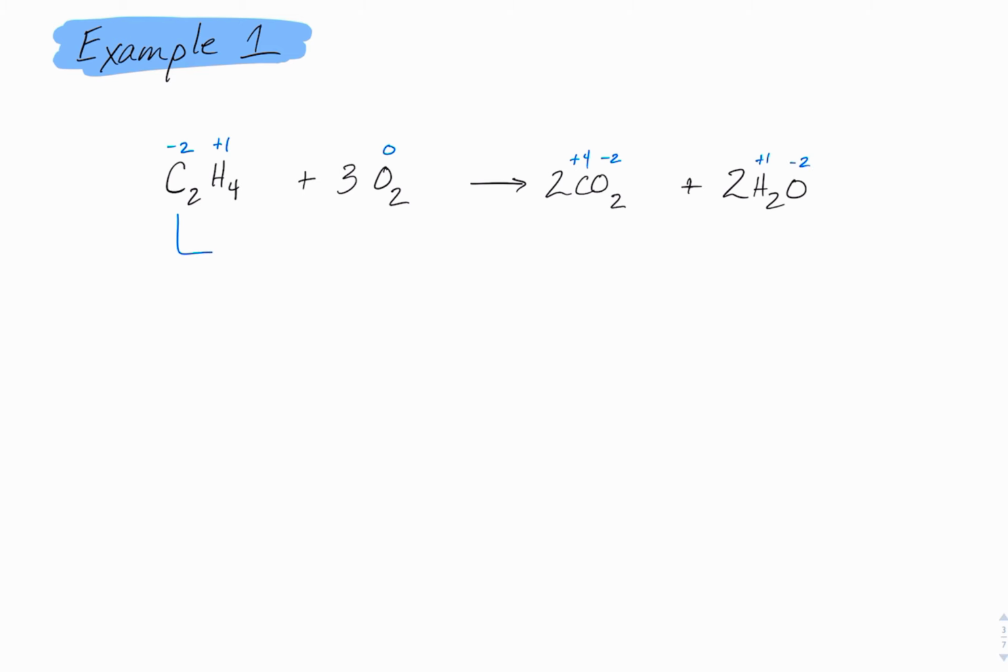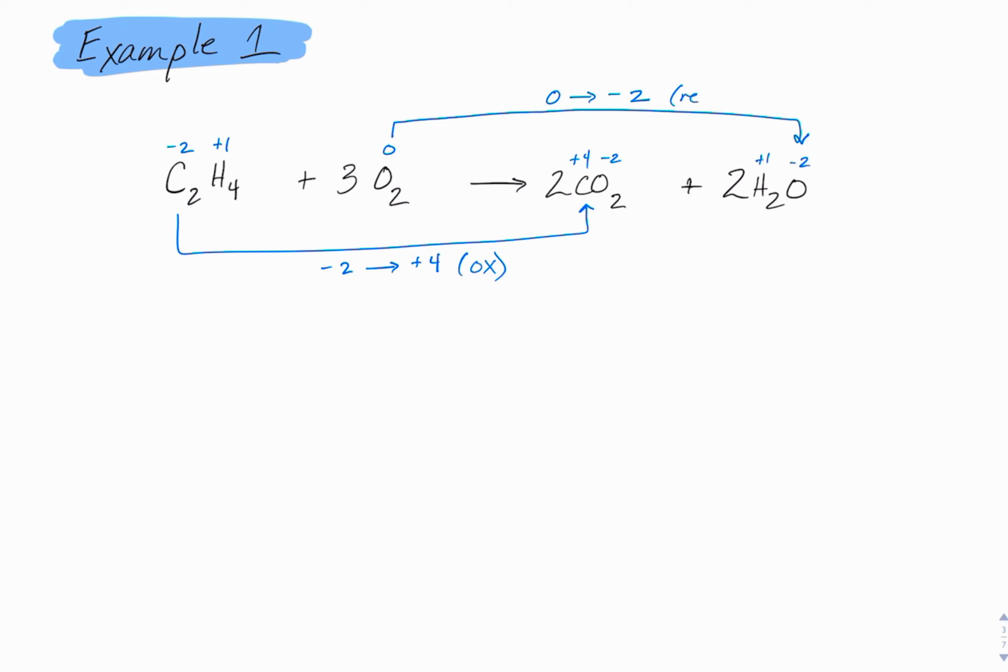So the changes here would be -2 to +4 for carbon. You're getting more positive, so that tells us that's what's oxidized. And then you have oxygen going from 0 to -2, and that means these are getting more negative, so that would be reduced.